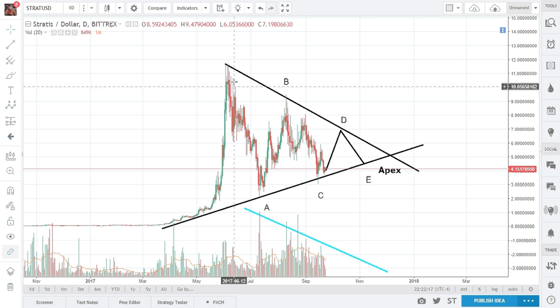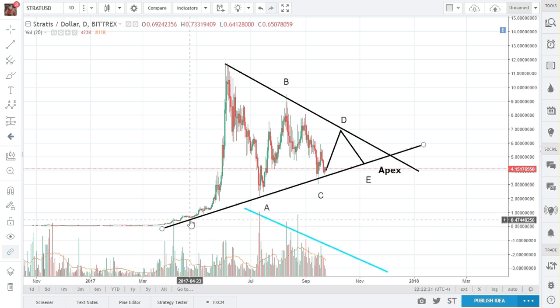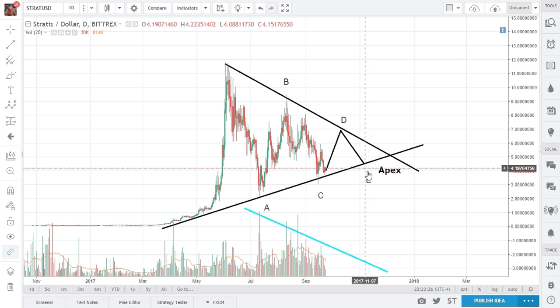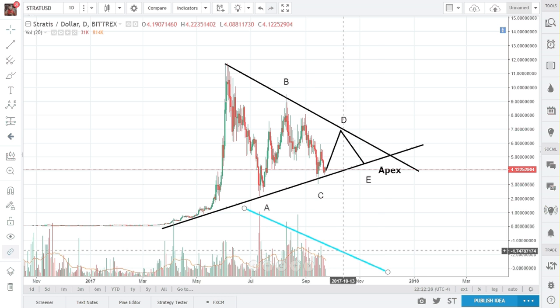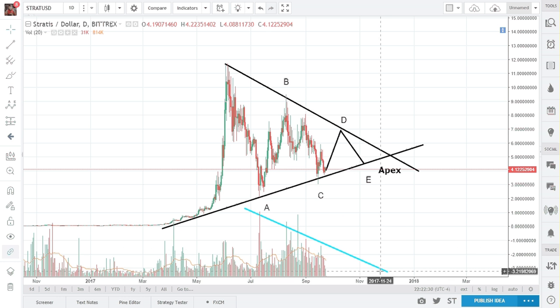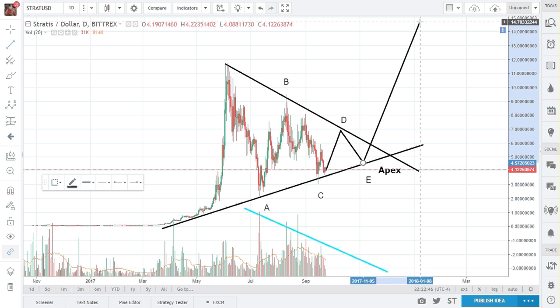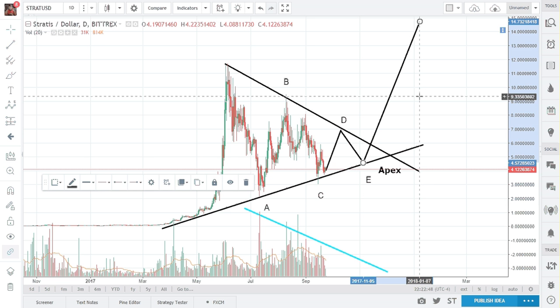And after the impulse, after the A, B, C, D, E is done, it's getting close to the apex, you'll probably see volume trickle to nothing. And after it trickles, it'll blow up, upwards.